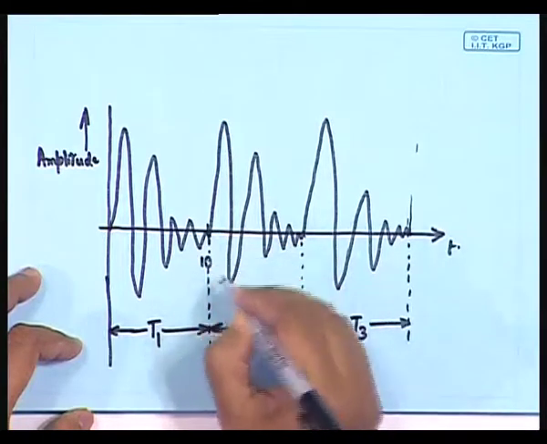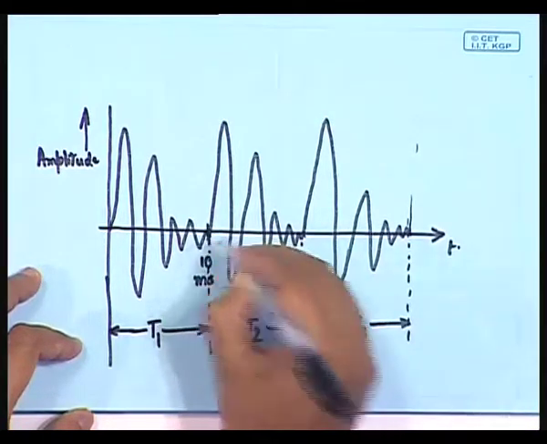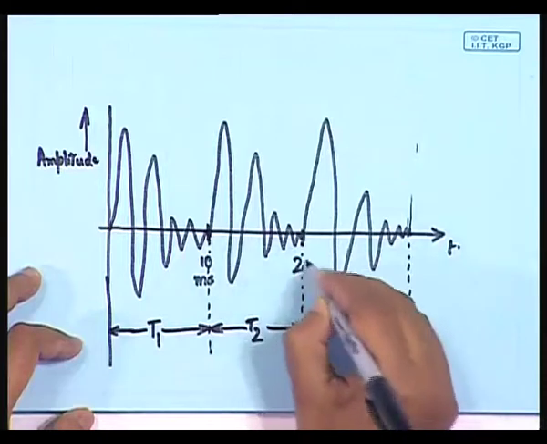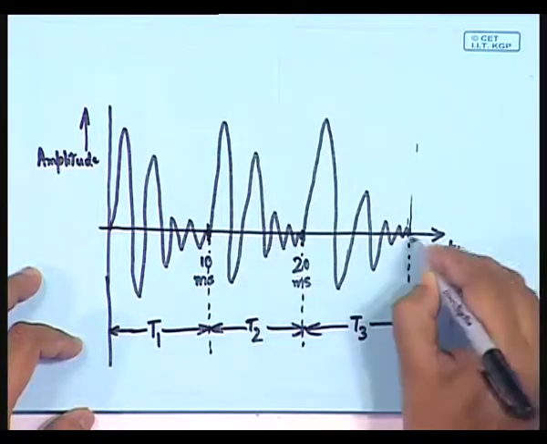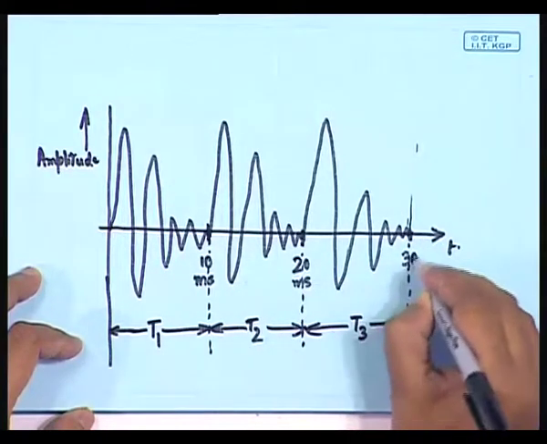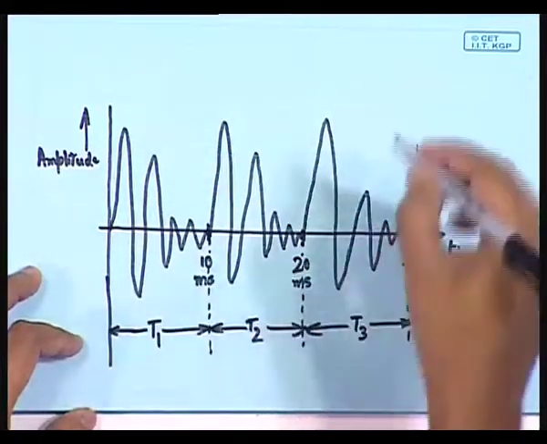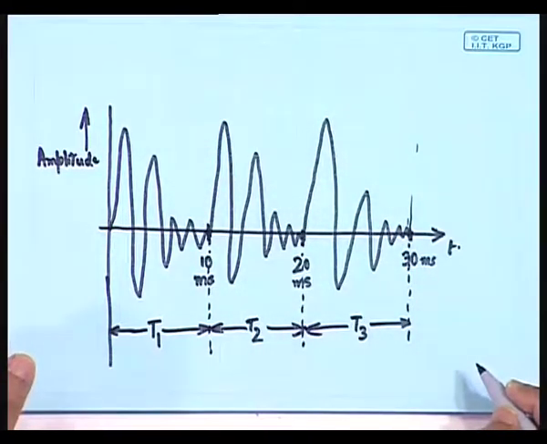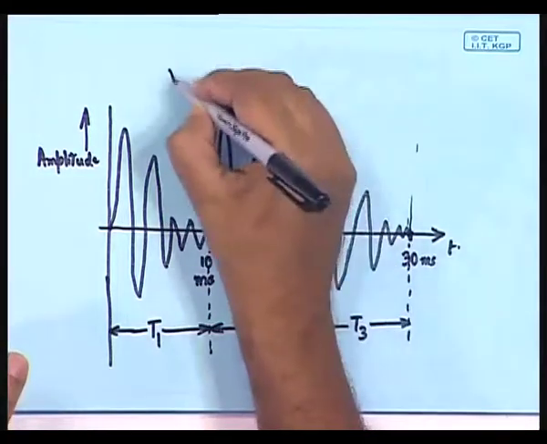There are some typical values, like this: in the time scale, if we say that this is the 10 millisecond point, and this is approximately 20 milliseconds, and this is 30 milliseconds. So effectively we have shown the speech signal variation, some voiced speech signal of course.